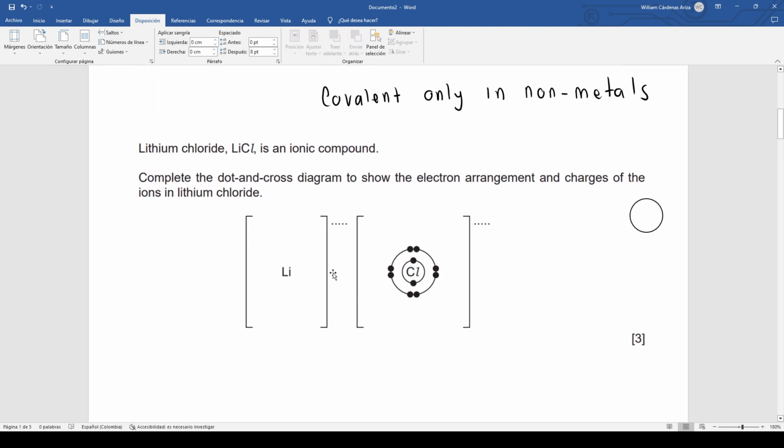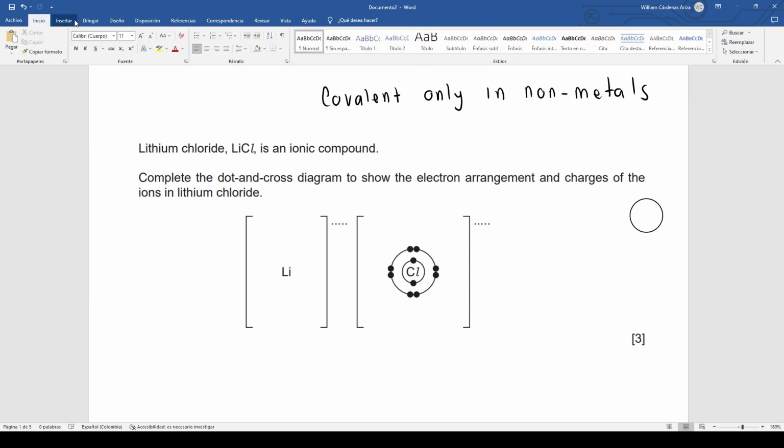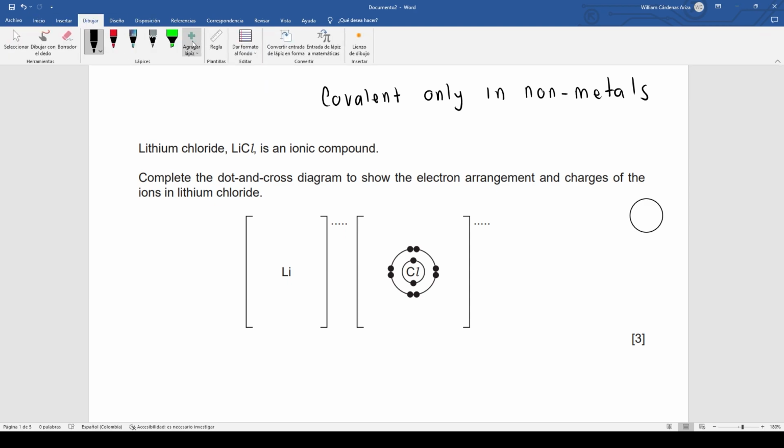And almost always in the IGCSE, they will tell you if the molecule, or in this case, the formula that you have, is an ionic compound, or if you have a molecule which has a covalent bond. Okay, so in this case, they are telling you that you have an ionic compound.